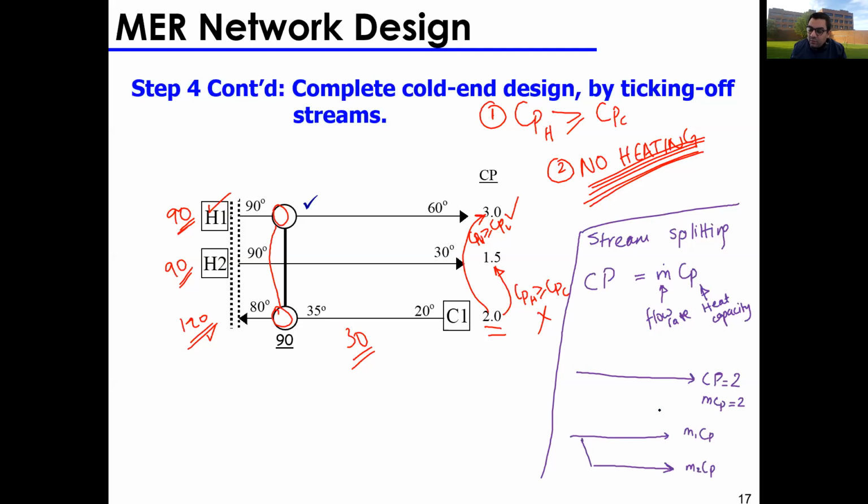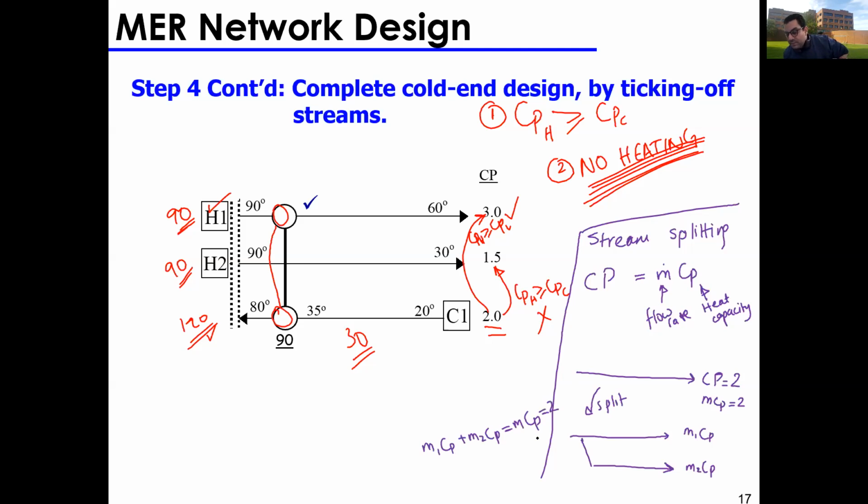These two are the same, this is just one stream that I split. I can split it in a way such that M1 CP plus M2 CP is equal to M CP. So if I write my mass balance here, M1 CP plus M2 CP is equal to M CP equals 2, right?